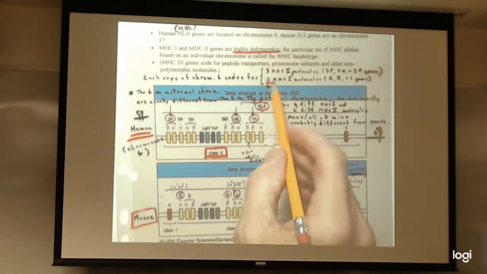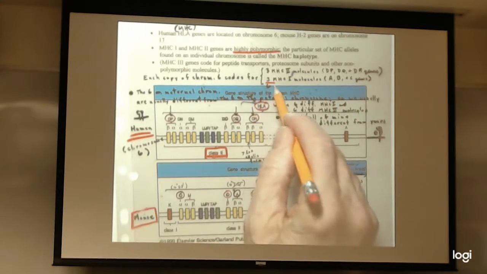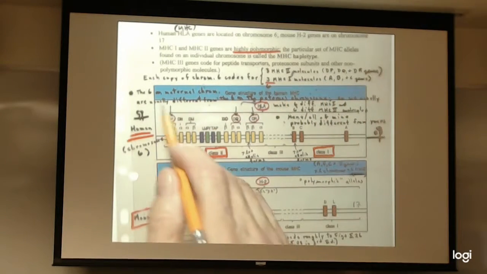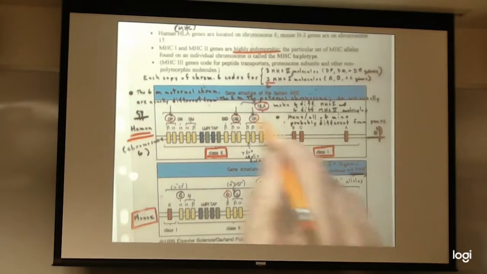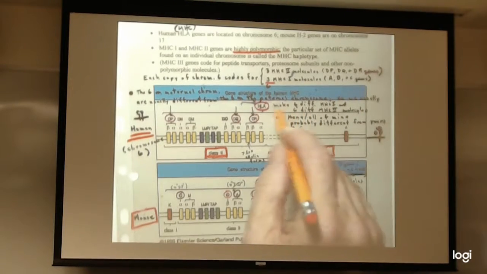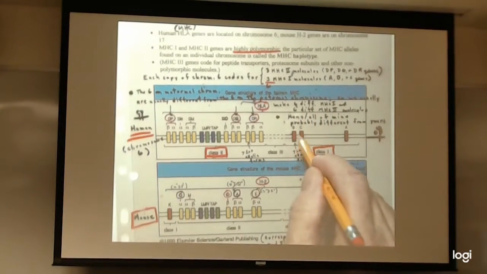So we have 3 class 2, P, U, D, R. We have 3 class 1, A, B, and C. But we have mother and father, so we can typically make 6 different class 1, 6 different class 2.